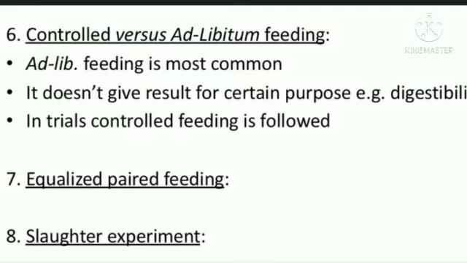So in scientific experiments, basically we have to randomize all the animals.